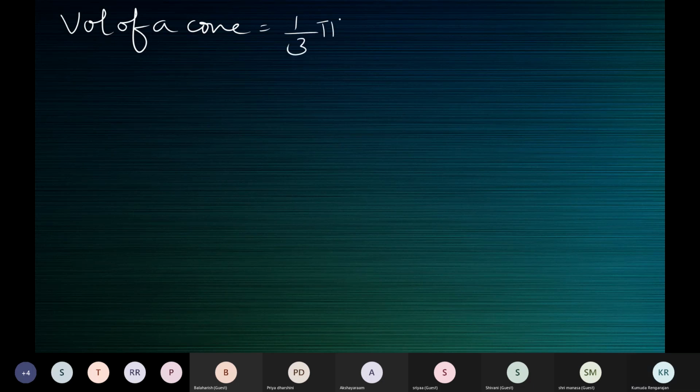Children, write out the formula in your notebook. Give the heading volumes and surface areas.